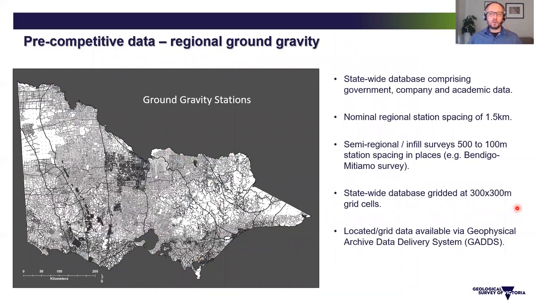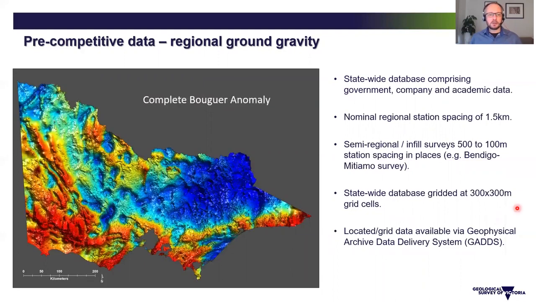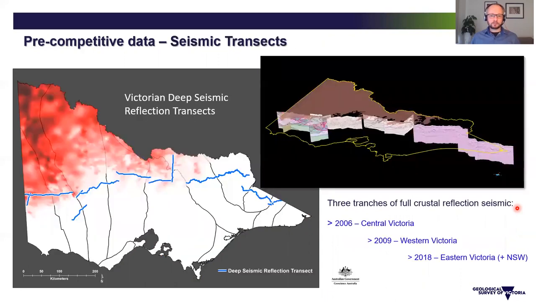So nominal 1.5 kilometre spacing over the whole state, which is a really good coverage for a regional data set of ground gravity. And in places that spacing is much more detailed, anywhere down to sort of 100 and even 50 metres spacing. And again, a statewide grid is available, 300 by 300 metre grid cell size, available from GADS.